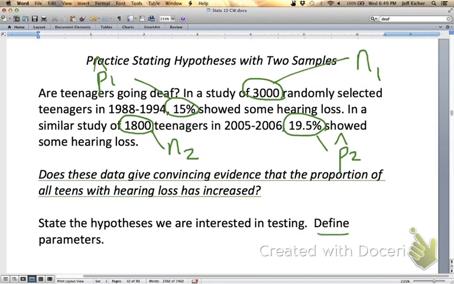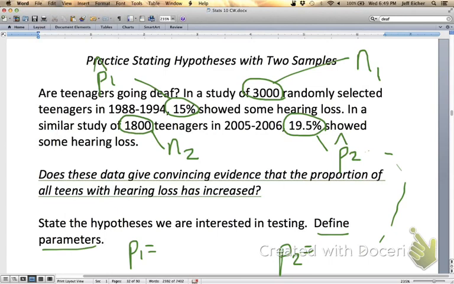So when you're asked to define parameters, the parameter would be p1 equals the actual percent of teenagers with hearing loss between 1988 and 94. p2, looking right back up here, would be the actual percentage of teenagers who showed some hearing loss from 05 to 06.